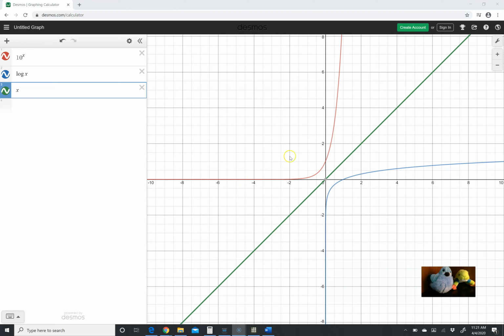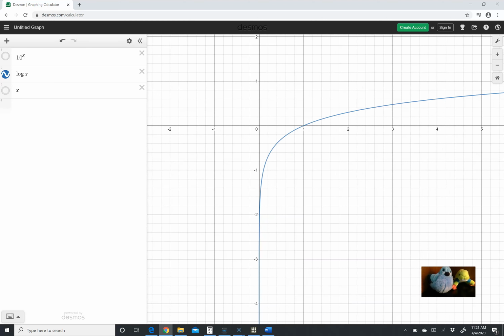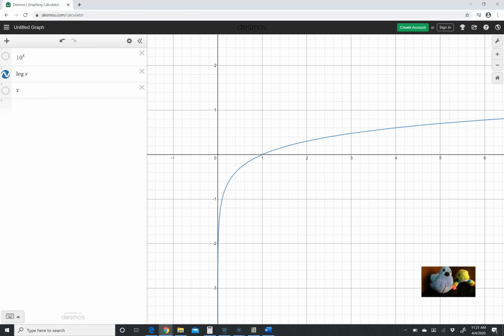This red function is your exponential function. This green line is the line y equals x, and this blue function is your logarithmic function. So you can see it actually is a reflection in the line y equals x. And if you just want to see the logarithmic function and none of these other ones, this is what it looks like. So it looks very much like the exponential.